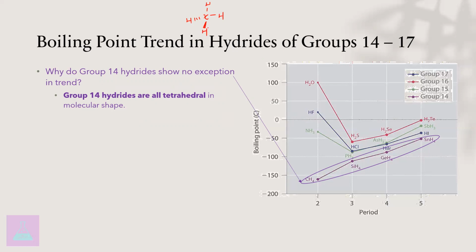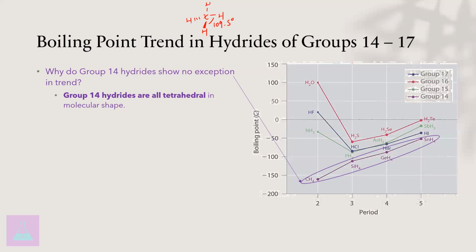Right, so this is a tetrahedral shape. And of course you know that all the bond angles are going to be 109.5 degrees. This is something that you have to know in IB. But that's besides the point.